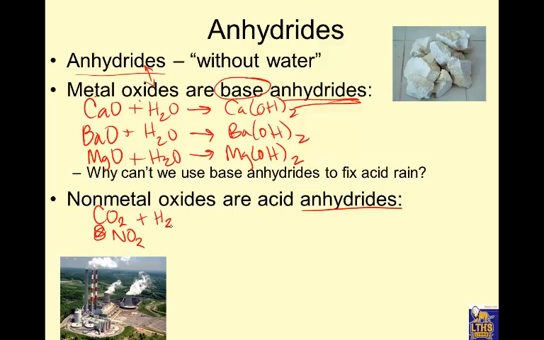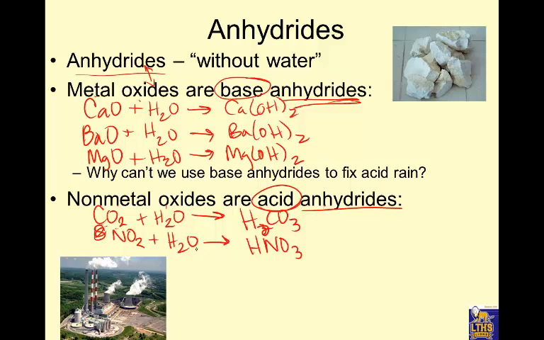Because when you react them with water, in this one you get carbonic acid. In this one you get HNO3, nitric acid. So non-metal oxides, non-metal with oxygen, are called anhydrides, without water, but they're called acid anhydrides because when you put them in water, they turn into acids.